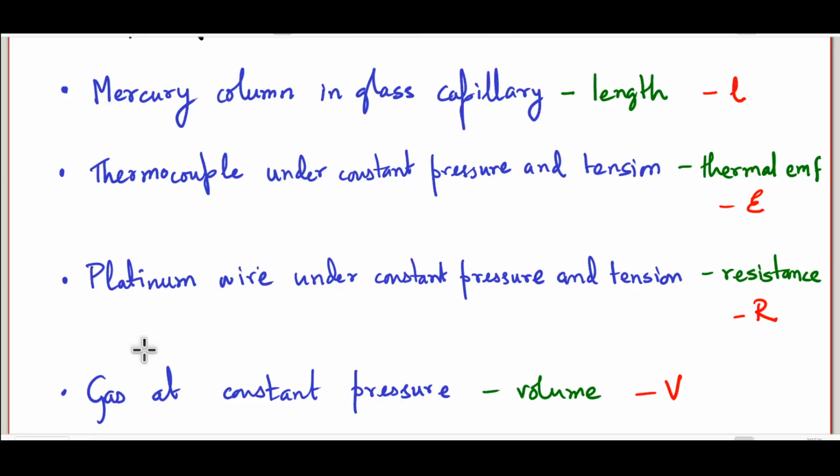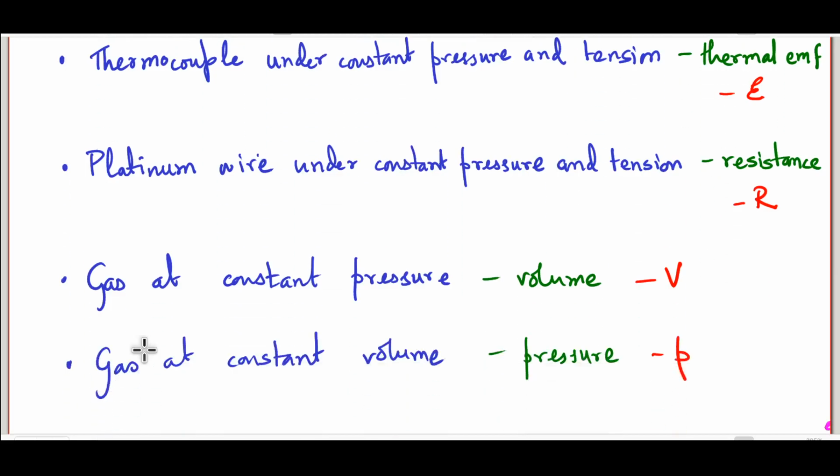But perhaps a more practical one is gas at a constant volume. Here the thermometric quantity is the pressure of the gas, and the reason why this is more practical than the previous example is rather simple.